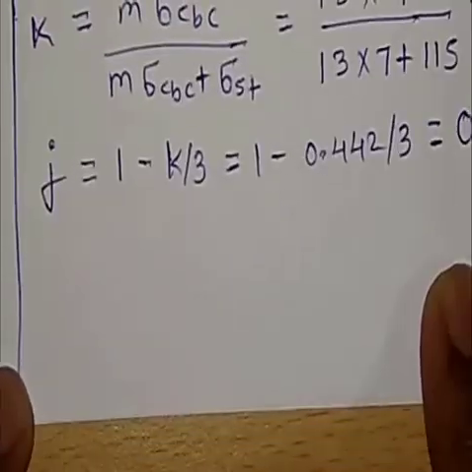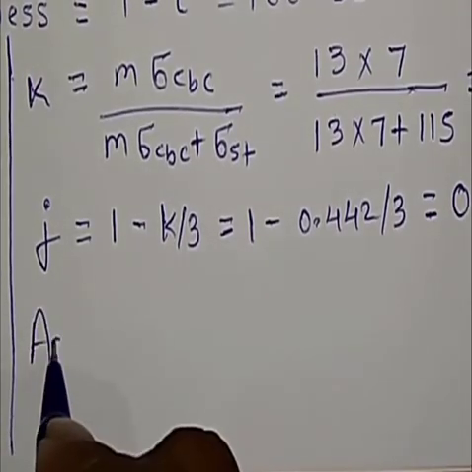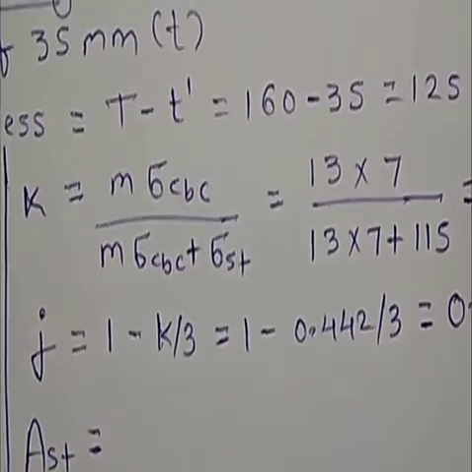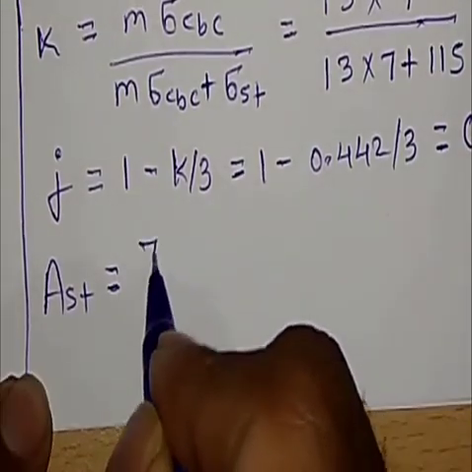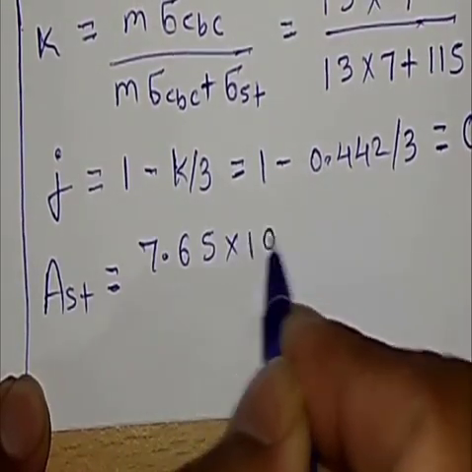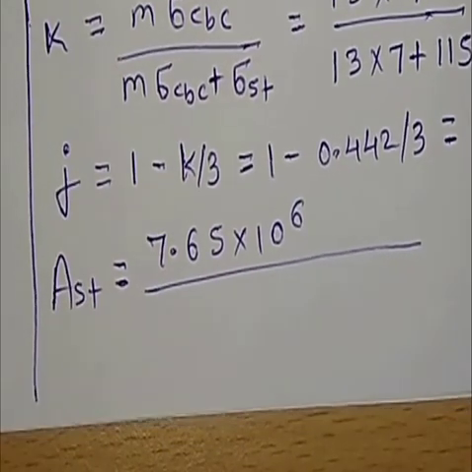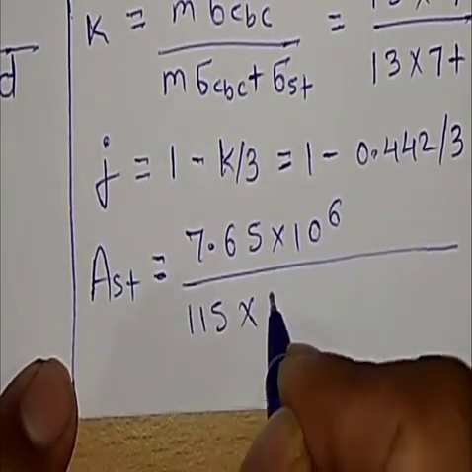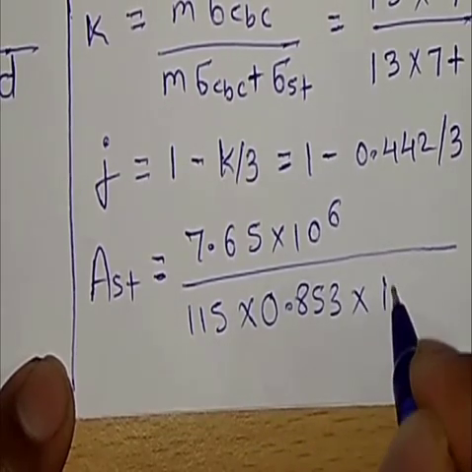So finally AST: we already calculated the moment as 7.65 kilonewton meter per meter, so 7.65 into 10 raised to the power 6 in Newton mm, divided by sigma ST, that is 115, multiplied by 0.853 and multiplied by 125.